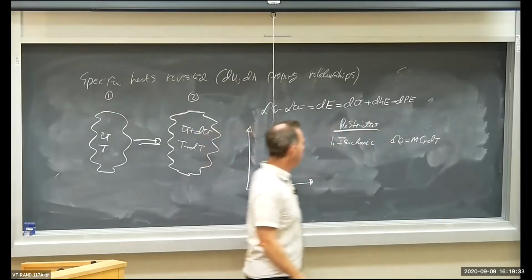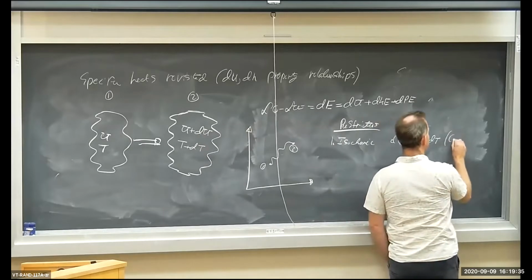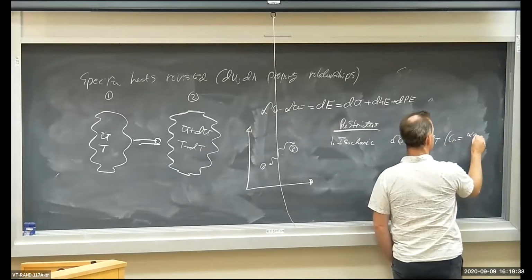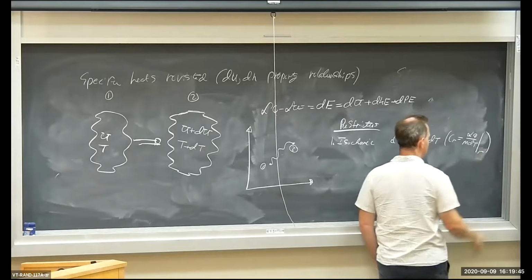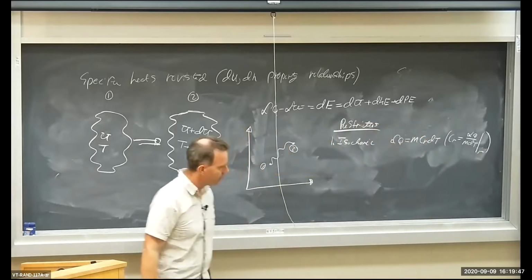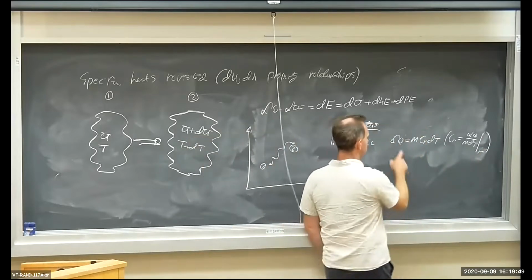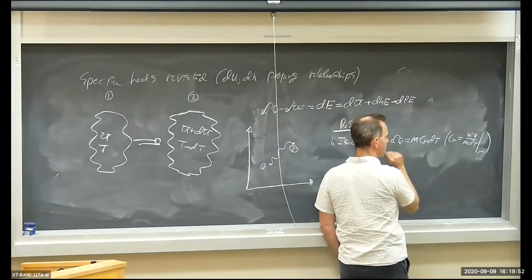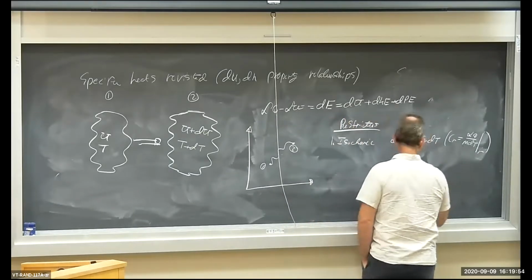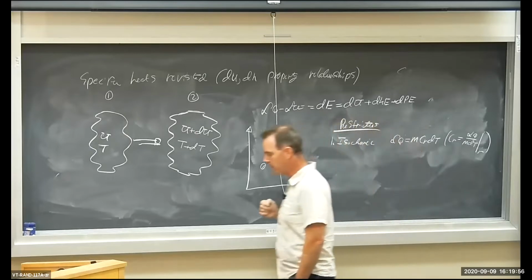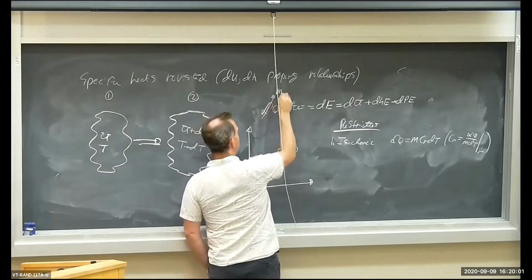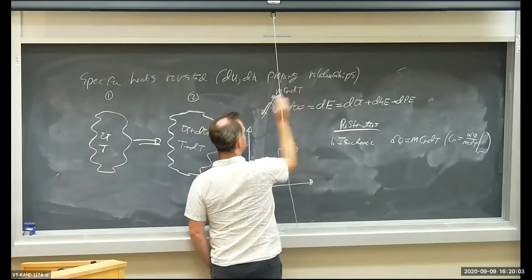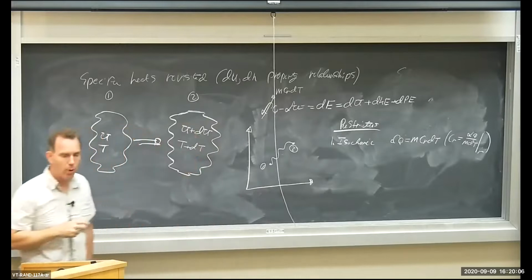Remember, Cv was defined as the little bit of heat transfer divided by the mass of the system times the differential change in temperature for a constant volume process. That's the definition of Cv. So del Q, the differential heat added, is m Cv dT if it's an isochoric process.